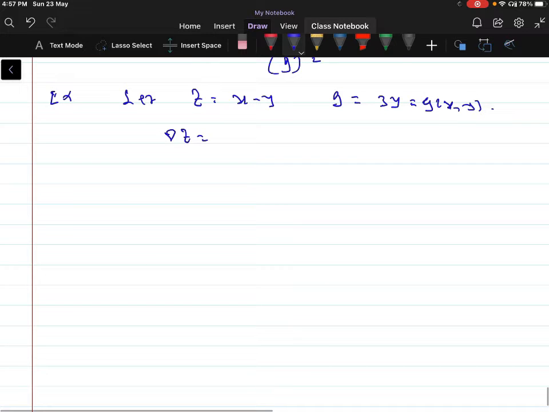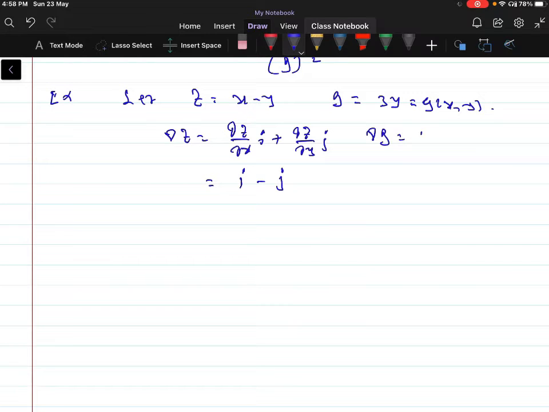Gradient of f is equal to dou f by dou x into i cap plus dou f by dou y into j cap. So that can be written as 1 i minus 1 into j. Gradient of g is equal to dou g by dou x into i cap plus dou g by dou y into j cap. So that is 0 i, because there is no x term here, plus 3 into j cap.